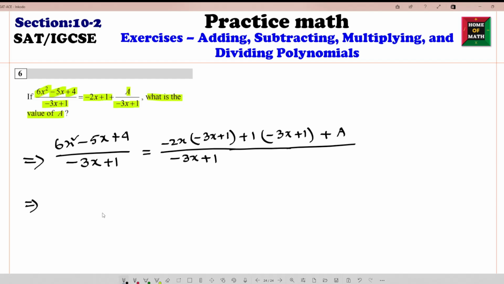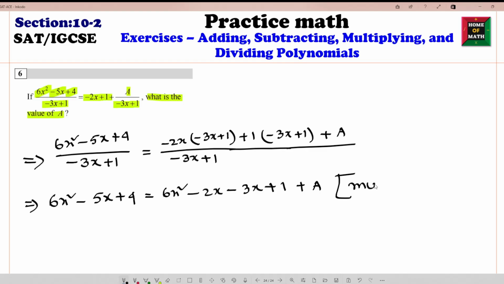So we can multiply both sides by minus 3x plus 1. So we will get 6x square minus 5x plus 4 equals, look, minus and minus will become plus. So here is 6x square, then minus 2x times minus 3x plus 1 plus a, and we multiply both sides by minus 3x plus 1.